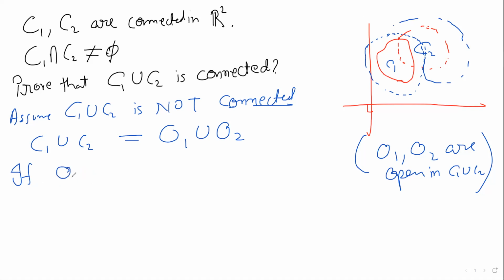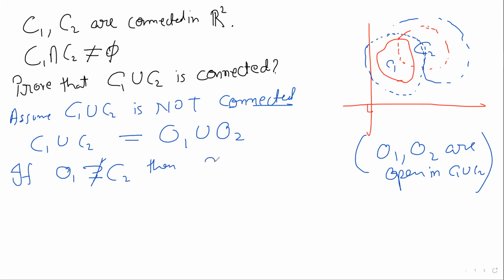If O1 does not contain, let's say C2 according to the picture, then what does it mean?